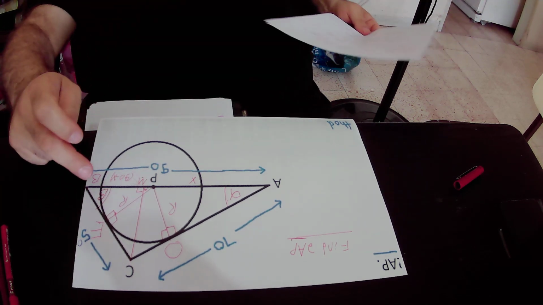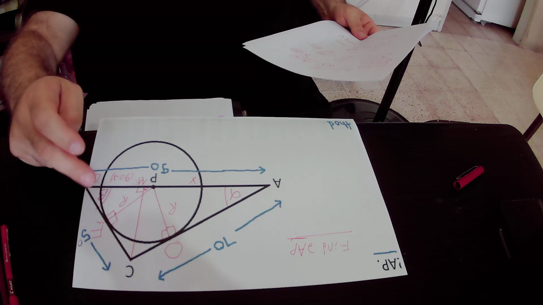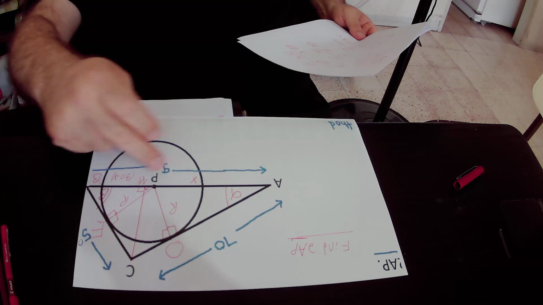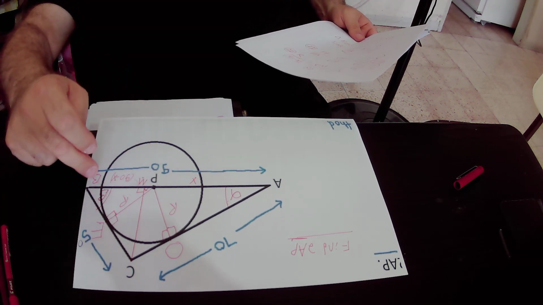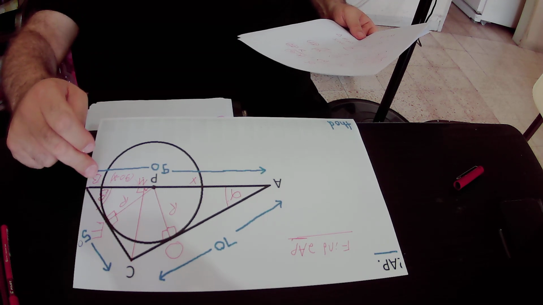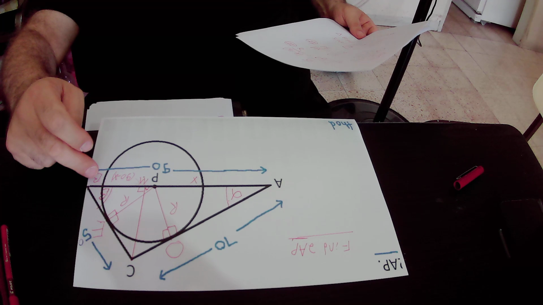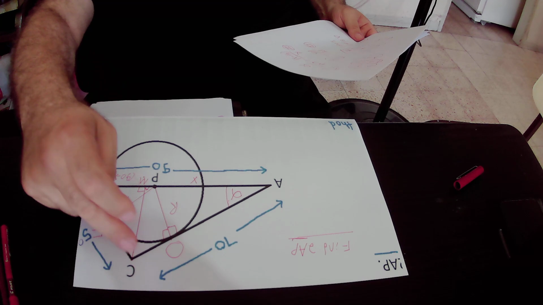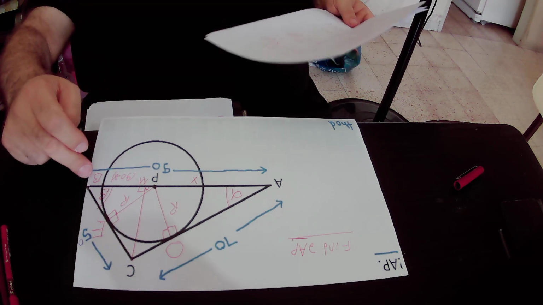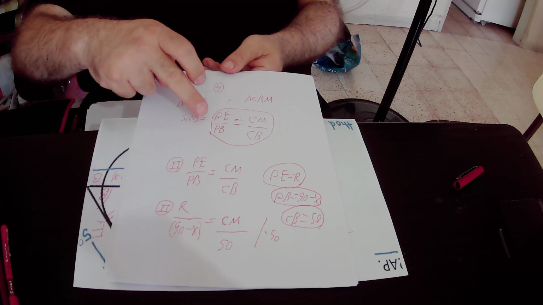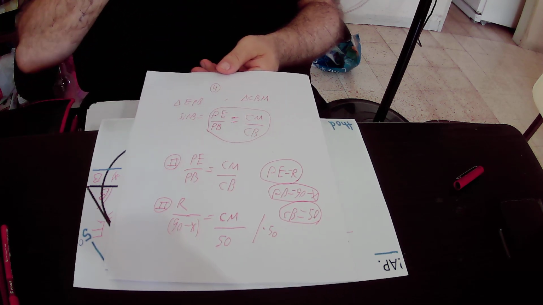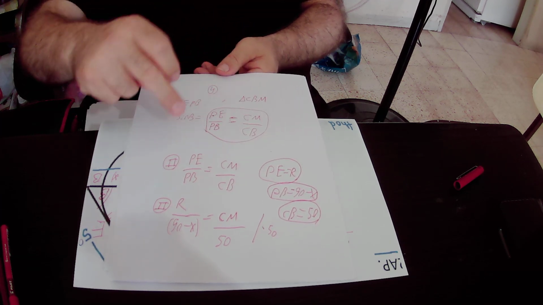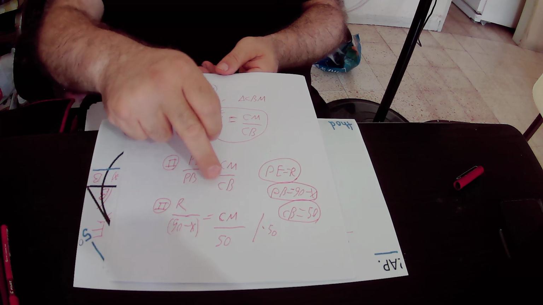In the right triangle EPB, sine beta equals PE over PB, and in the right triangle CMB, sine beta equals CM over CB. So in total sine beta equals PE over PB, that equals CM over CB. And we made our second equation from this equality, PE over PB equals CM over CB.